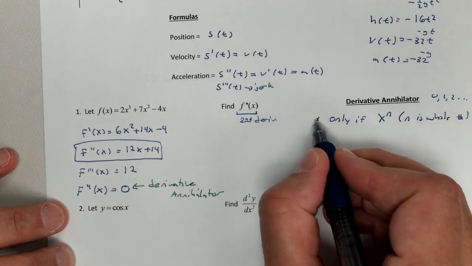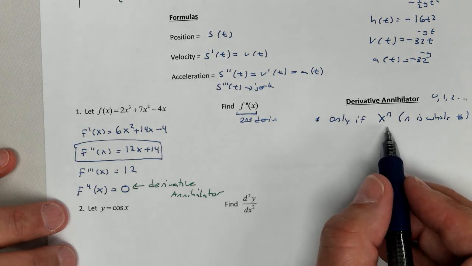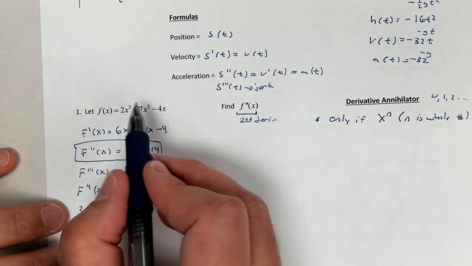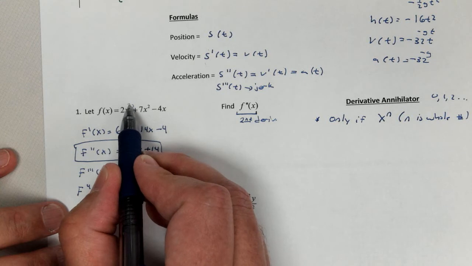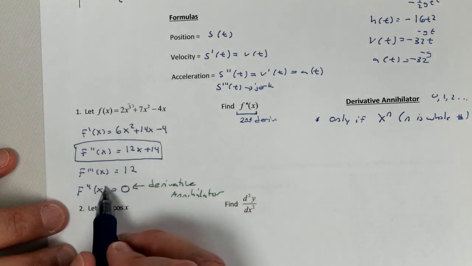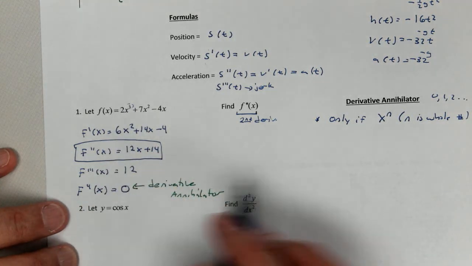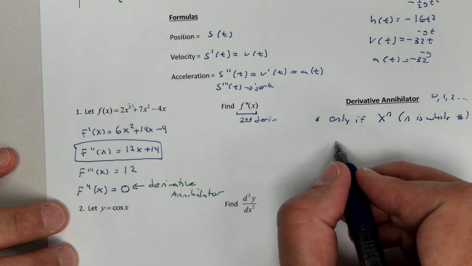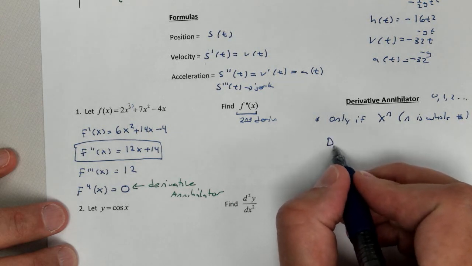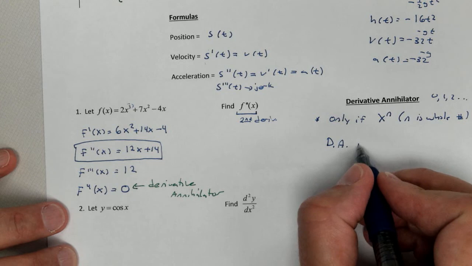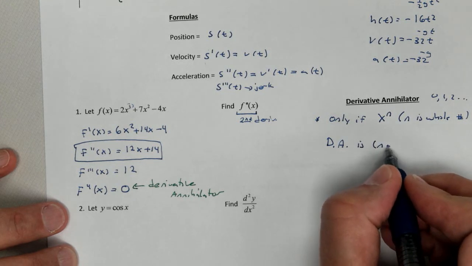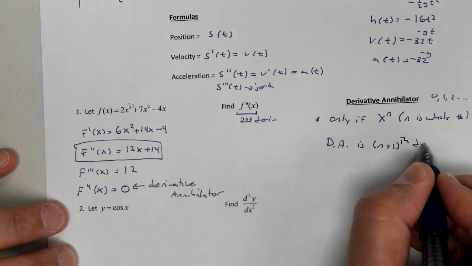If I know it's only whole numbers, I can find out when the derivative annihilator will occur. If my power was 3, it took 4 derivatives to become 0. So that gives me something. So the derivative annihilator is the n plus 1th derivative.